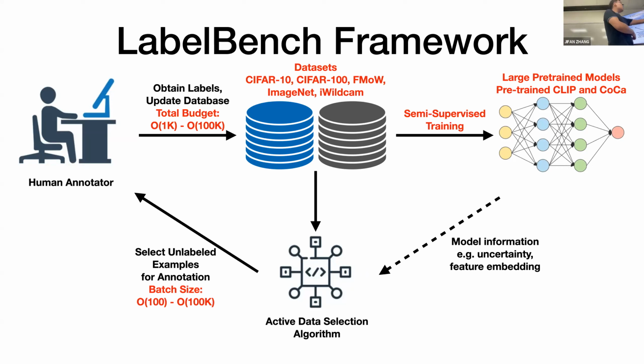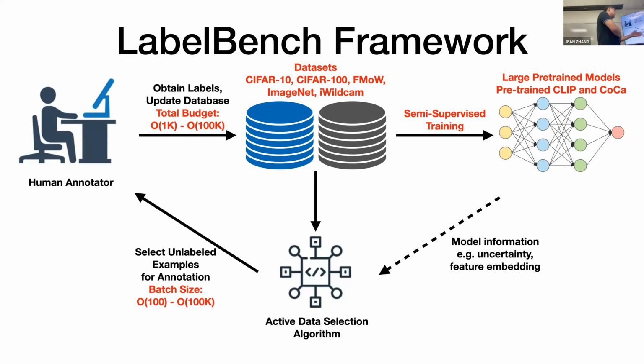We want to do semi-supervised learning. We want to use large pre-trained models like CLIP or CoCa. We also experiment on a much wider range of data sets, such as the WILDS data sets, FMoW and iWildCam. Both of these are imbalanced and more realistic data sets.